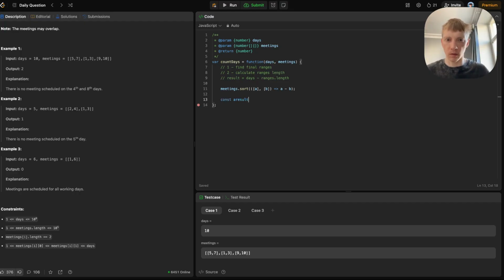Const result ranges would be an empty array, and for each start and end of meetings.